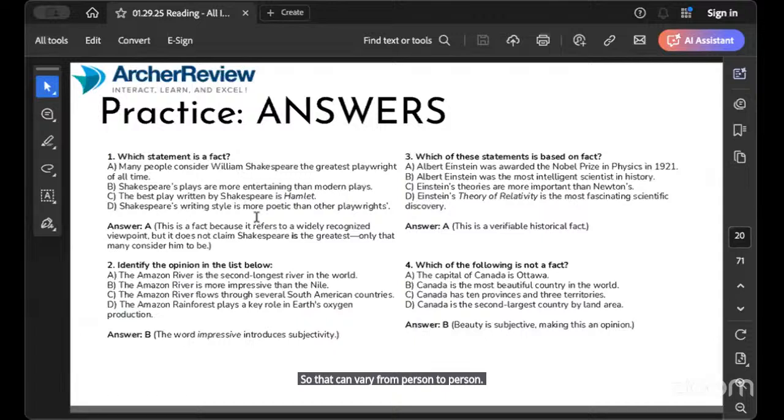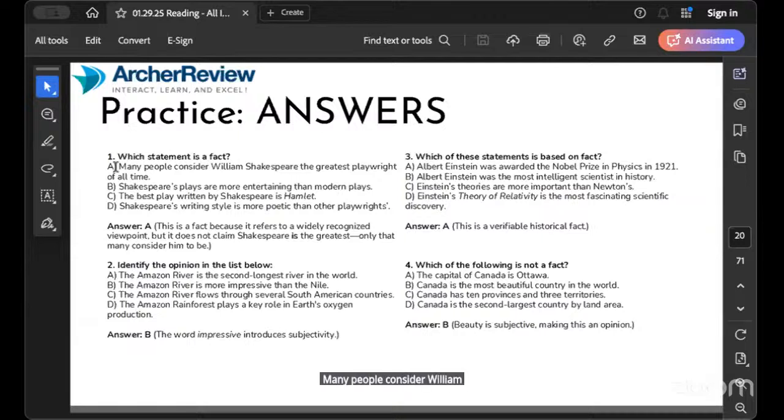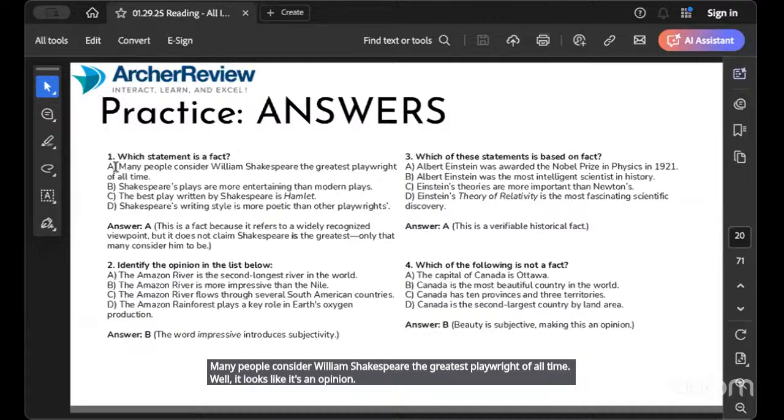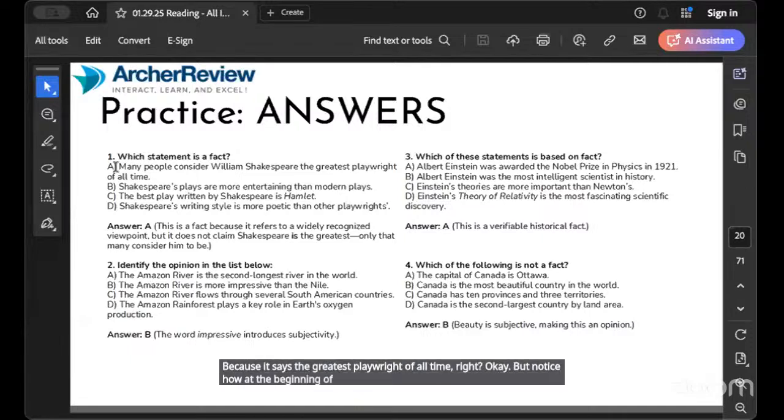Shakespeare's writing style is more poetic than other playwrights. Again, the value word more opens it up to interpretation. Whereas with A, many people, now look at the wording here. This is where it gets very tricky. Many people consider William Shakespeare the greatest playwright of all time. Well, it looks like an opinion because it says the greatest playwright of all time, right? But notice how at the beginning of the sentence I worded it, many people consider William Shakespeare.